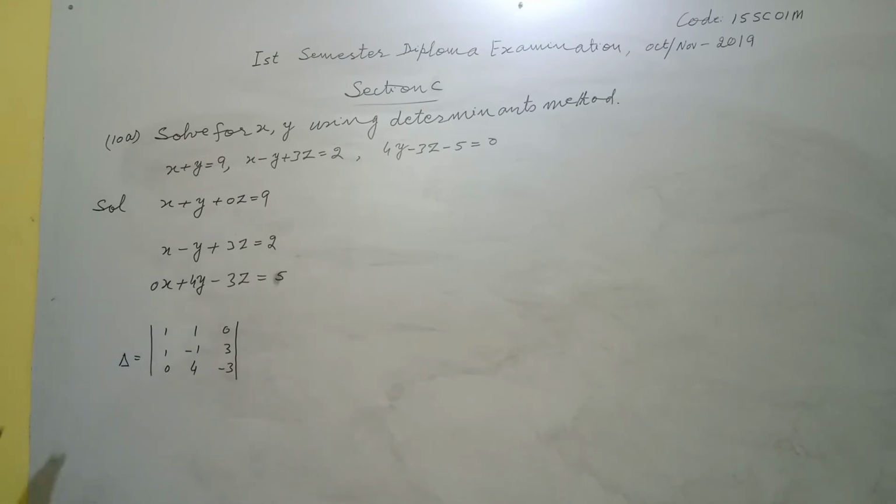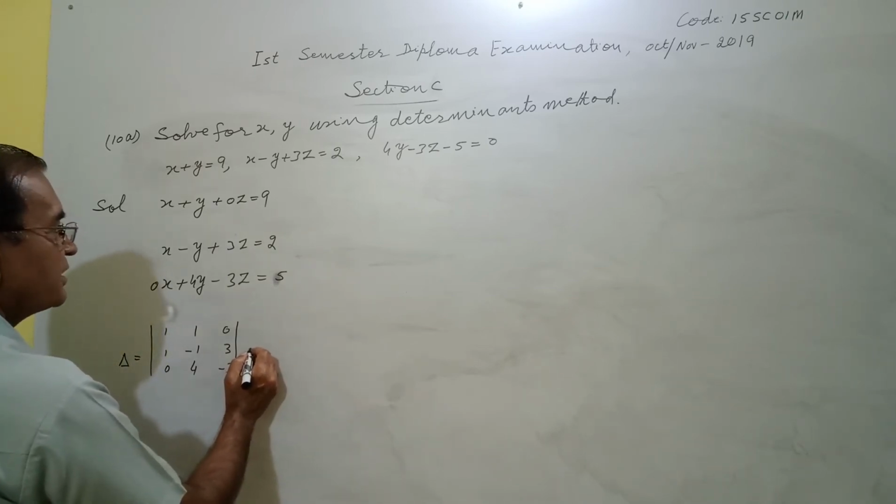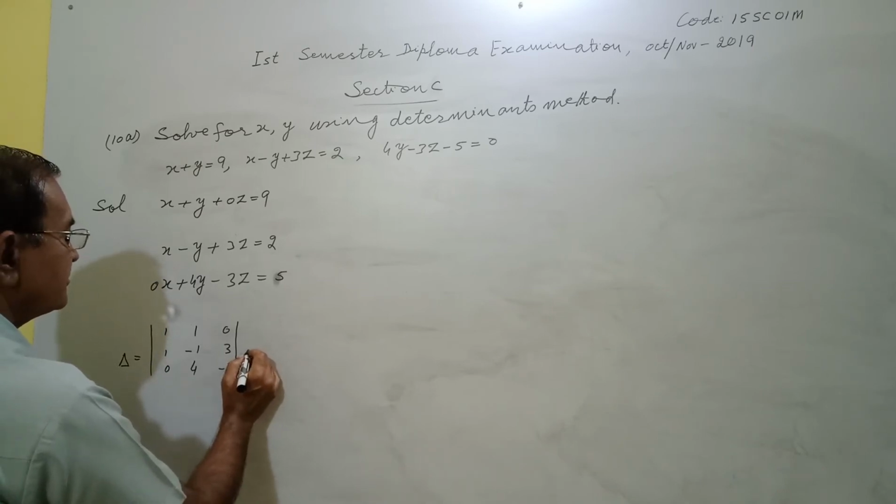So like that you are supposed to write the value of delta, that is the determinant of x column, y column, z column. Find its value. You can solve it the way you want.